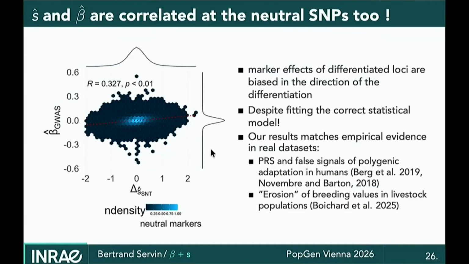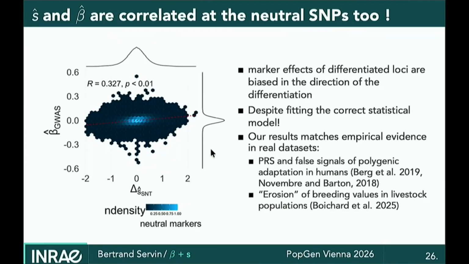Okay, and we didn't expect that. We thought there would be no correlation between S and beta, but apparently there is, and it's substantial. And this is despite the fact that we're actually fitting the correct statistical model, the one that we used to generate the data.